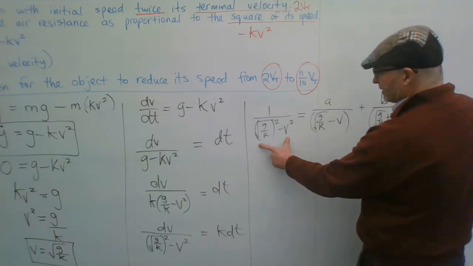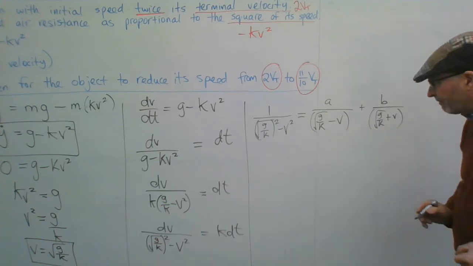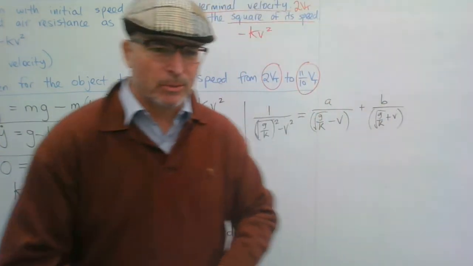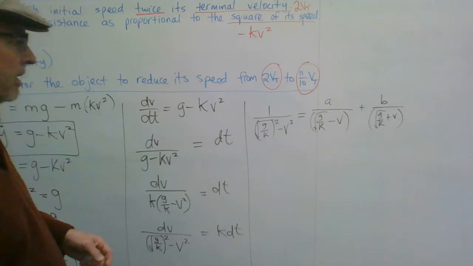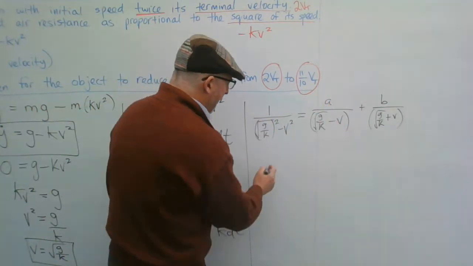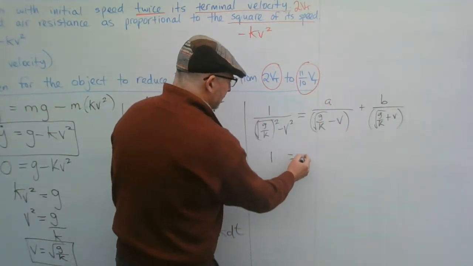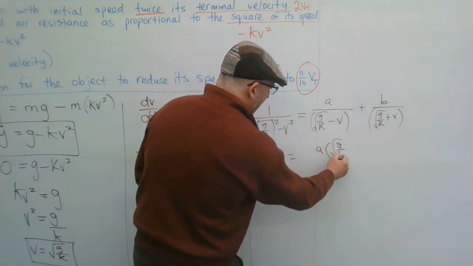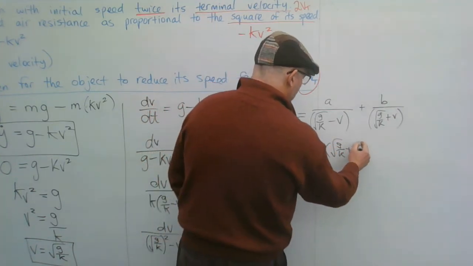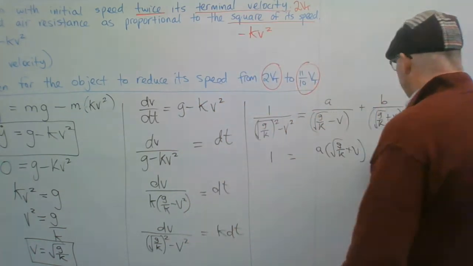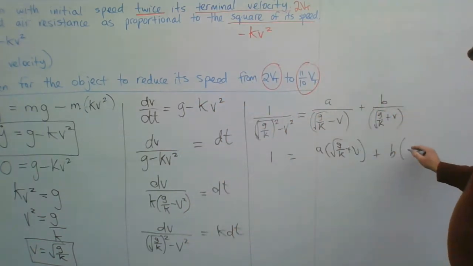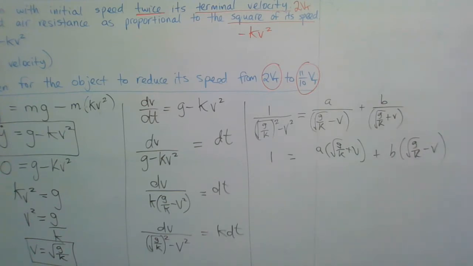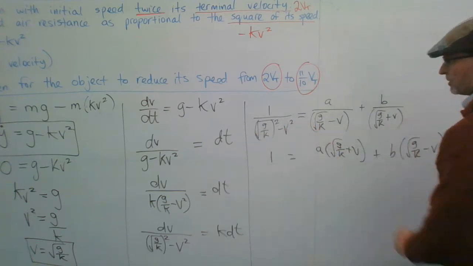Because I factorised that into linear factors, and now I need to work out my a's and b's there. So I'll just multiply up and get 1 is equal to a times root g on k plus v plus b times root g on k minus v. Right, if I multiply everything by what's on the bottom there.